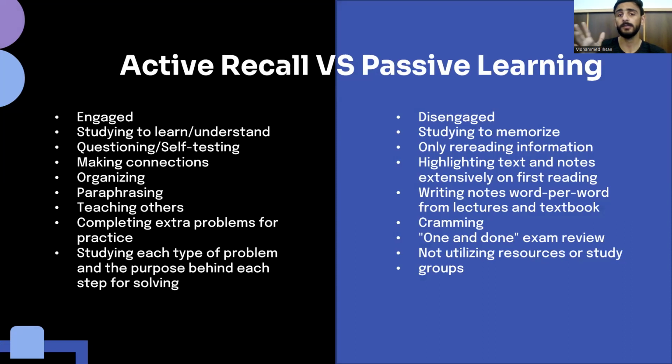Active recall, on the other hand, promotes critical thinking, comprehensive understanding, and long-term retention, which is the most important one. It encourages deep engagement, making connections between concepts, and applying knowledge in certain situations or contexts. Passive learning, on the other hand, relies on superficial understanding, pure memorization, and just cramming before the exam.